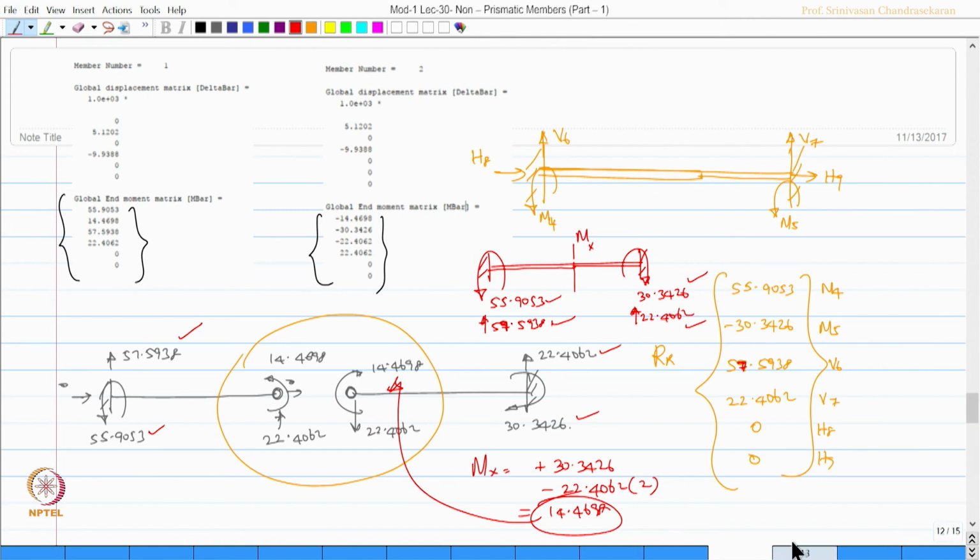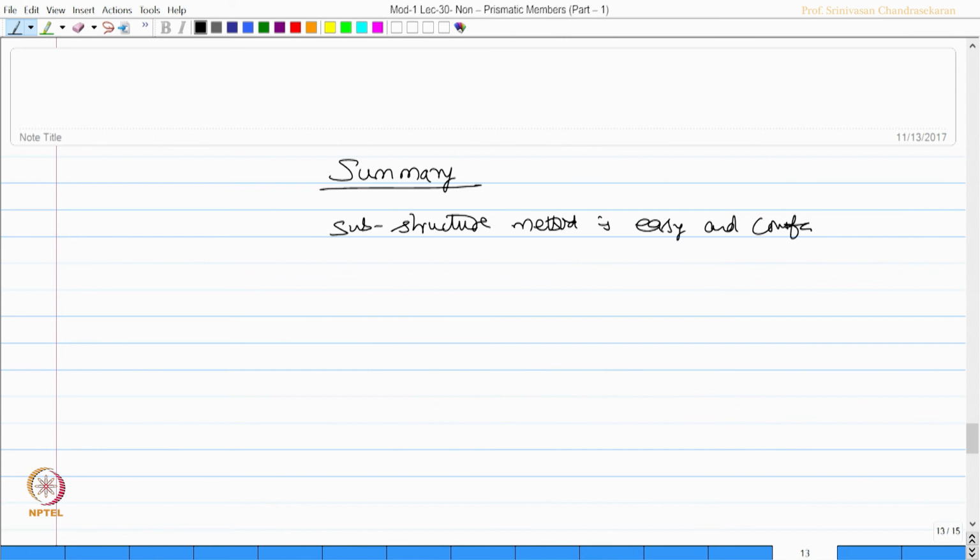We have also solved the problem using the substructure technique. So, friends, the substructure technique is easy and comfortable to handle special elements and stiffness problems of larger size.